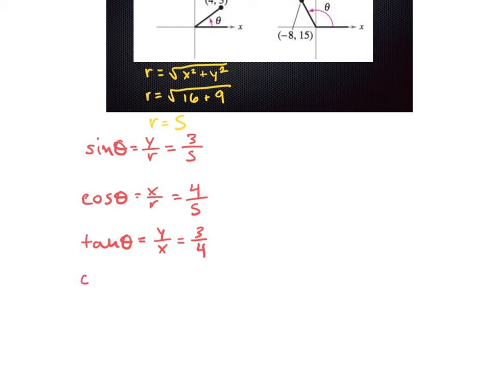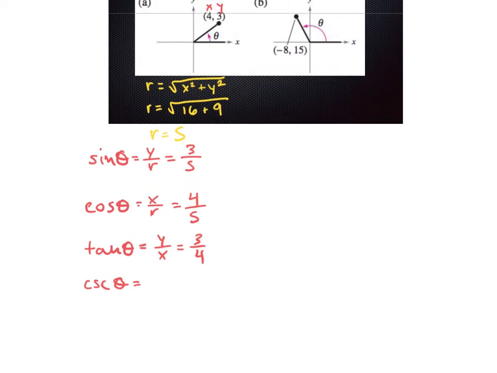Next, let's find our cosecant. What would cosecant of theta be? 5 over 3. So remember, cosecant is the reciprocal of sine, so we just flipped it. So 5 over 3.